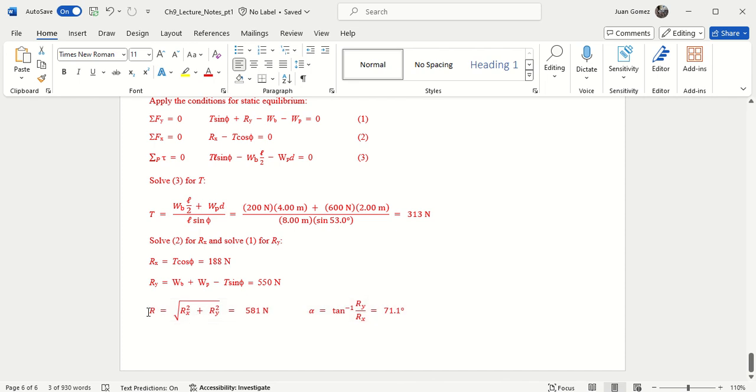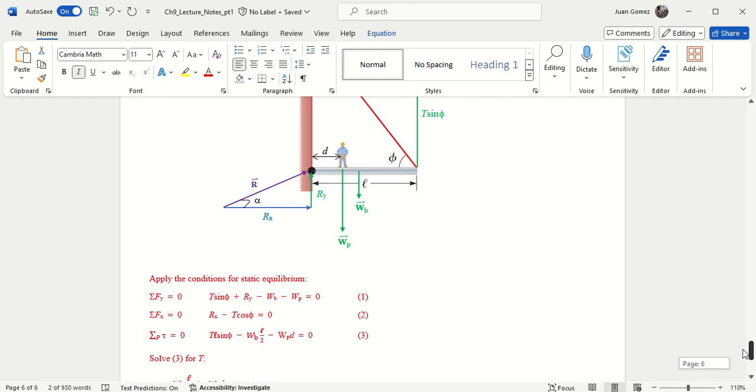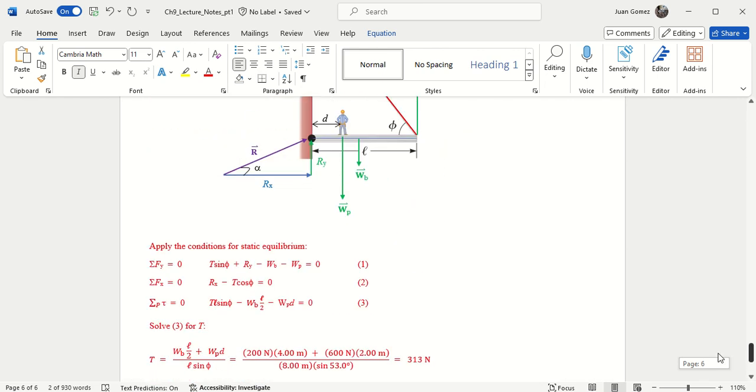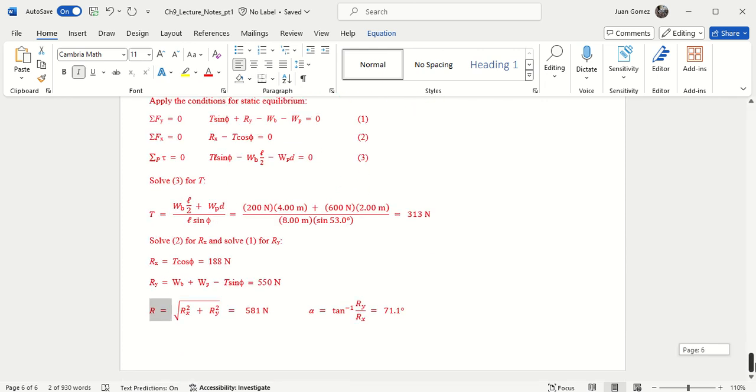Pythagorean theorem gives me that, and I know that R is in Q1, which I knew ahead of time, so I know I've drawn the reaction force correctly. I get 581 newtons for the magnitude of R. Then just do inverse tan to get alpha. Alpha is simply the arctan of Ry over Rx, and you get 71.7 degrees. And that's it. And this rubric never changed.